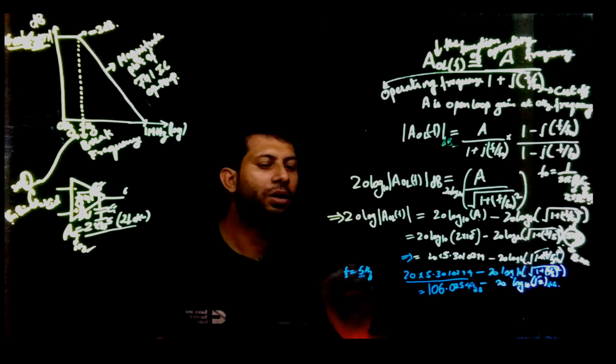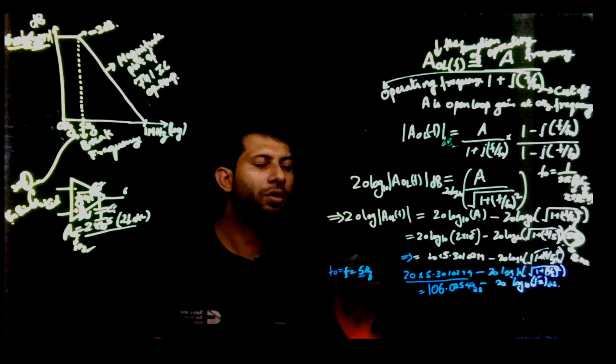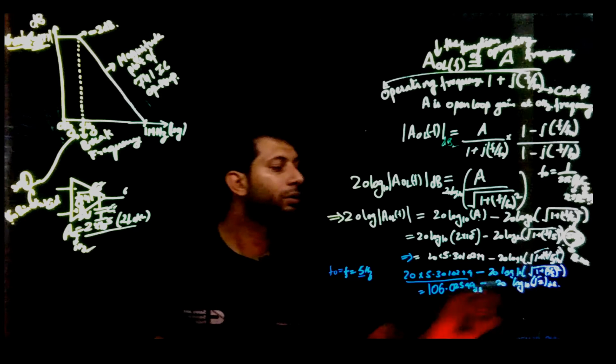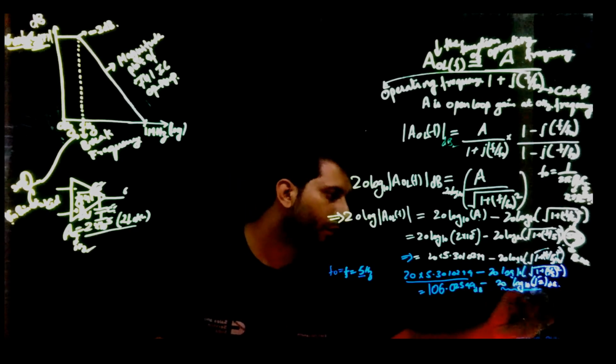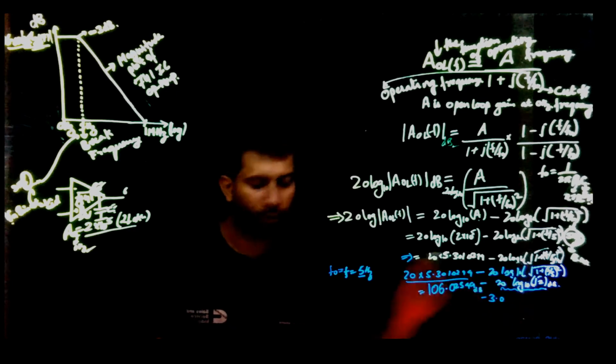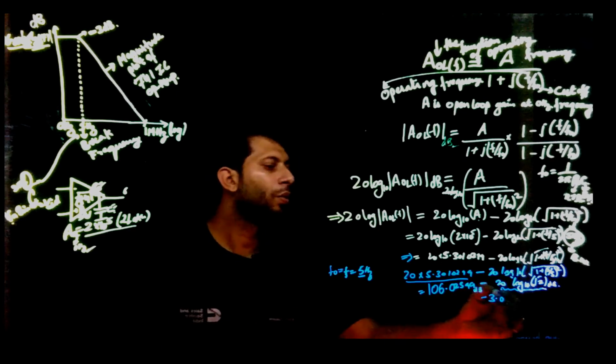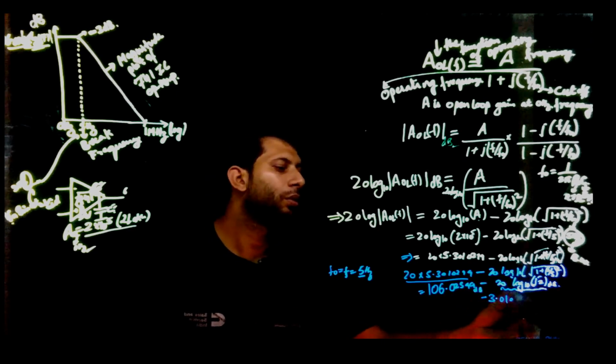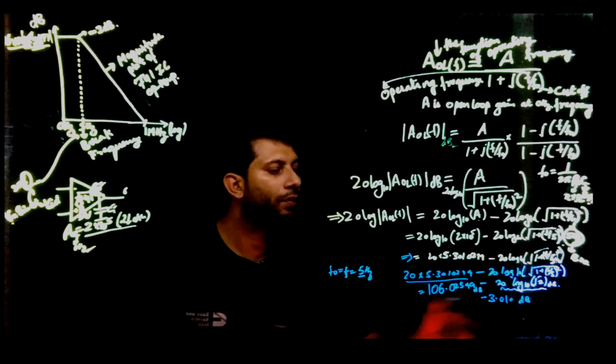At this point the operating frequency is similar to the cutoff frequency of the system, so when we calculate this whole term it comes out to be 3.010 dB.